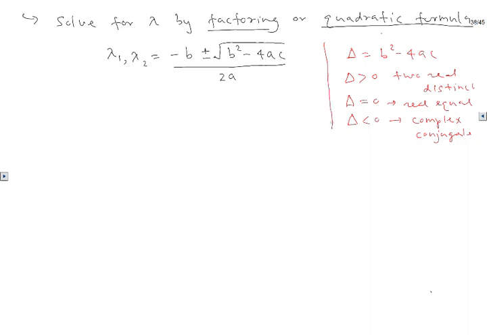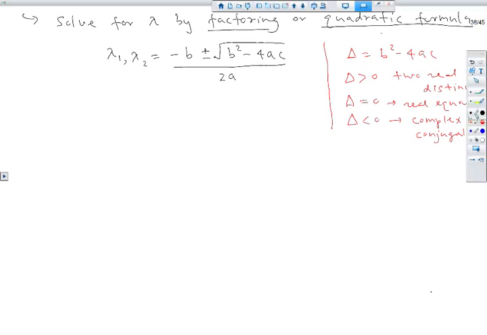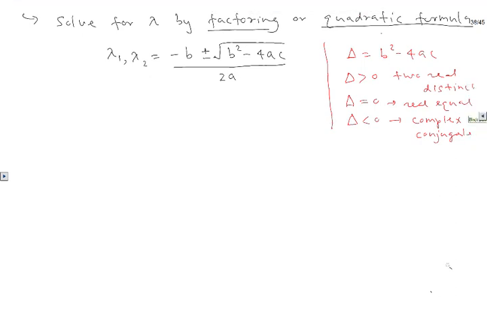So that means we have to consider those three cases separately, and that's exactly what we can do now. So let's consider one by one. Let's go with case 1. Case 1 is where b squared minus 4ac is positive.